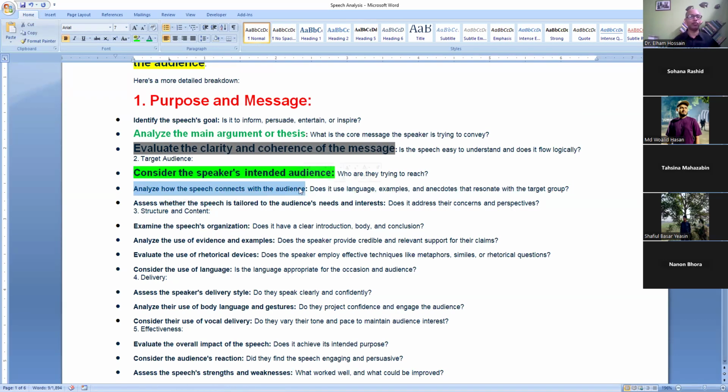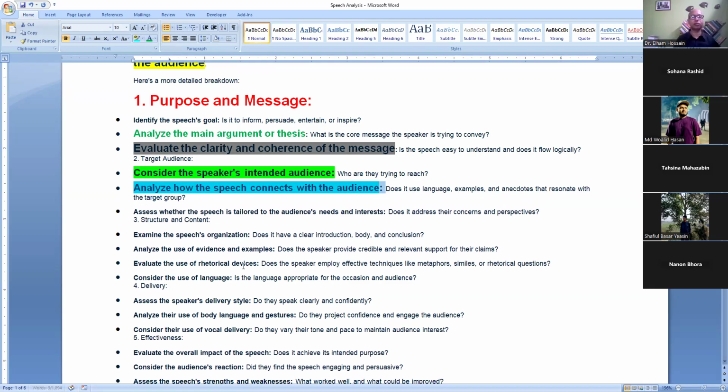Now think of this very particular aspect: how the speaker connects his speech with the audience. The speaker is just like a bridge. He stands in between the audience and his speech.